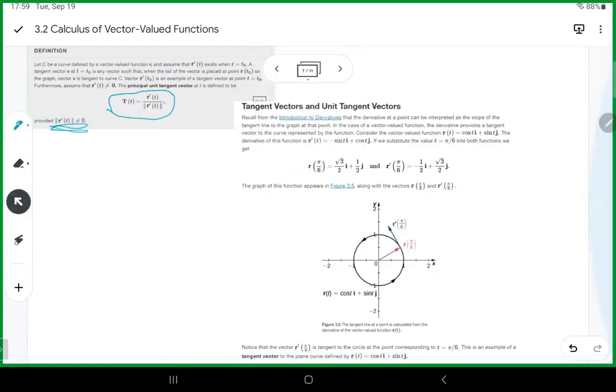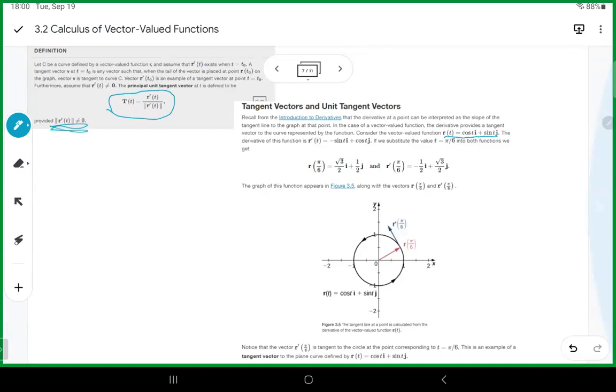Okay. So then the other little part here is tangent vectors and unit tangent vectors. So recall from derivatives that a derivative at a point can be interpreted as the slope of the tangent line of the graph at that point. So we want to consider r of t equals cosine t i plus sine t j.